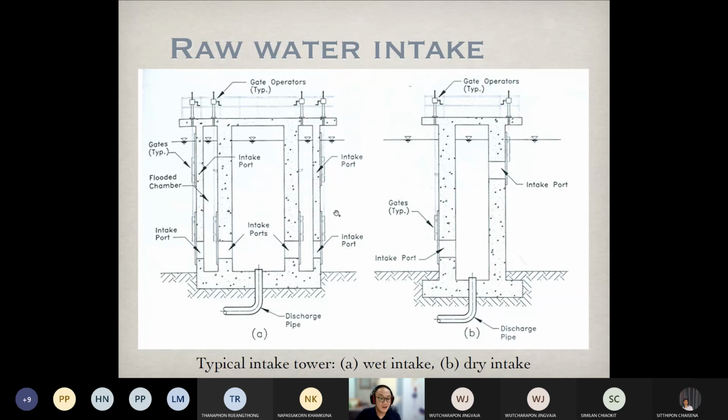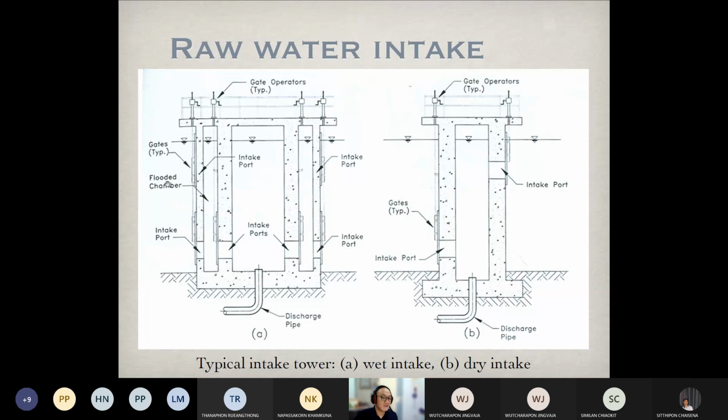Once water gets inside the flood chamber, the weight of the water helps to balance the buoyancy force. So basically, the purpose of having a flood chamber outside the intake chamber is to balance the buoyancy force.